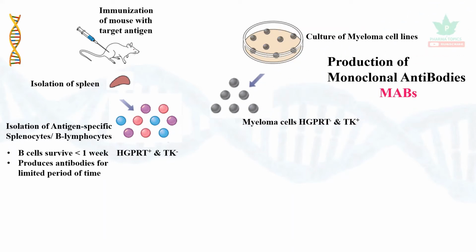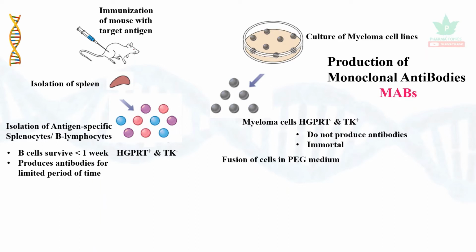The myeloma cells are mutated such that they will not have the gene for hypoxanthine phosphoribosyl transferase, but they contain the gene for thymidine kinase. So B cells are mortal, but they produce antibodies. Myeloma cells are immortal, but they don't produce antibodies.